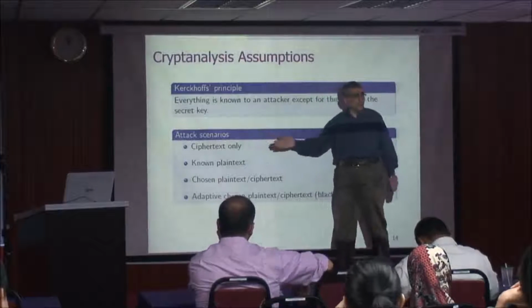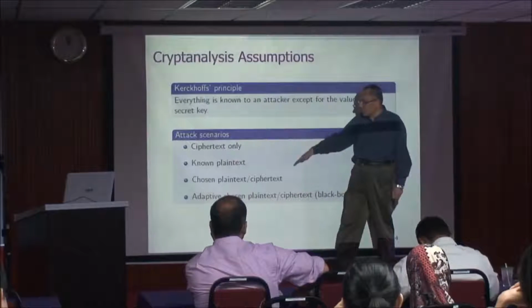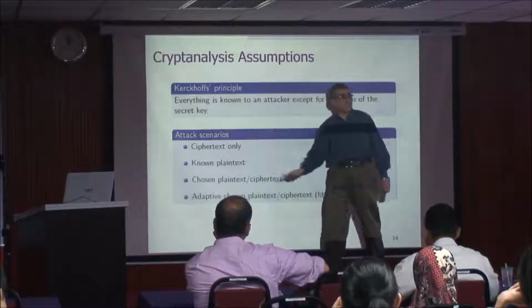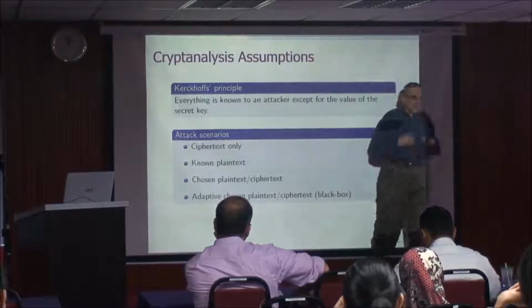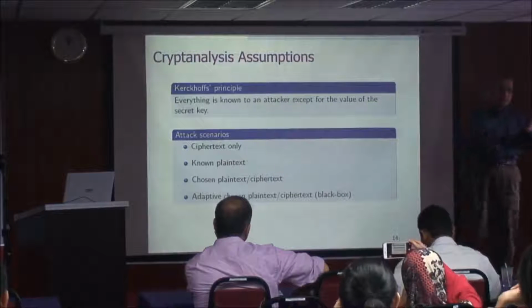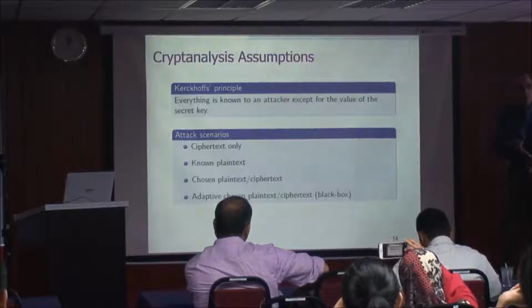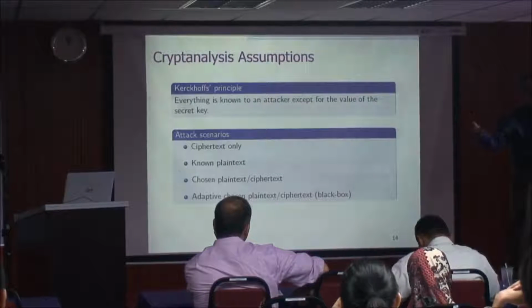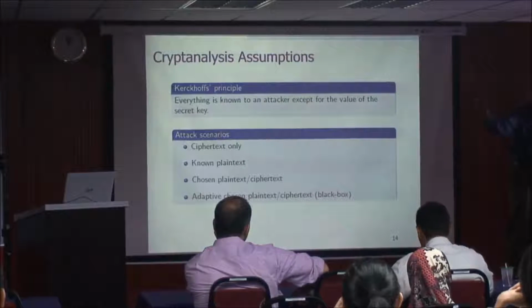But in real life, we actually have other attack scenarios. For example, I can assume that we have a known plain text attack. And this is a very realistic scenario. Suppose you are encrypting a Word document, and the attacker only has access to the encrypted file.